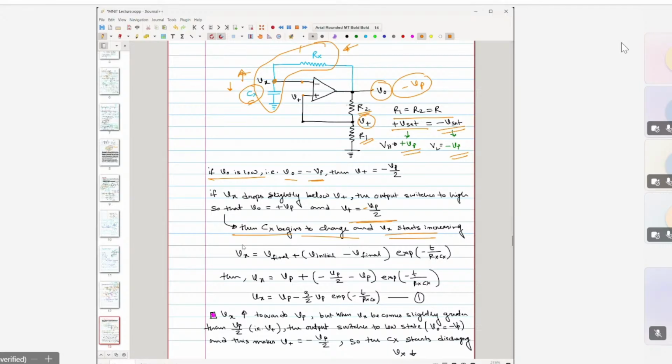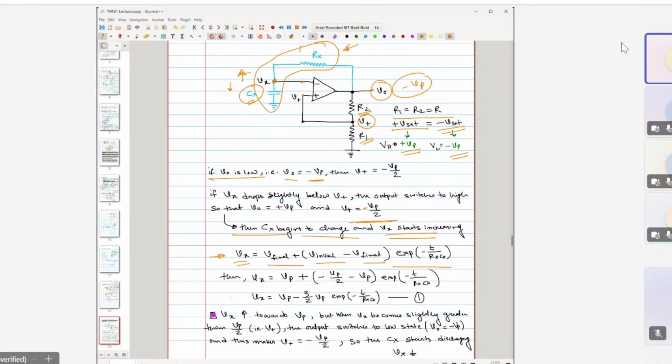Then if we use the generic formula for an RC network, Vx can be written as V final plus (V initial minus V final) into exponential of minus t by Rx Cx, because it is charging or discharging through this Rx and Cx.